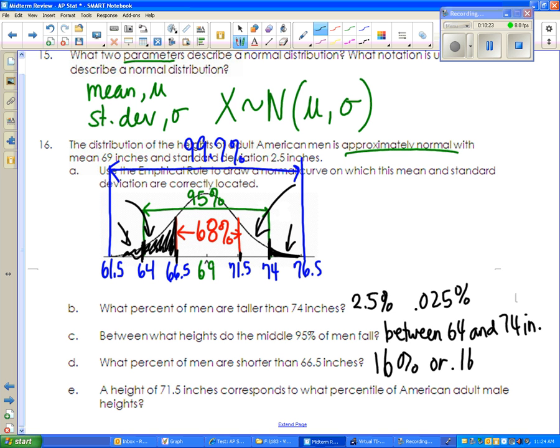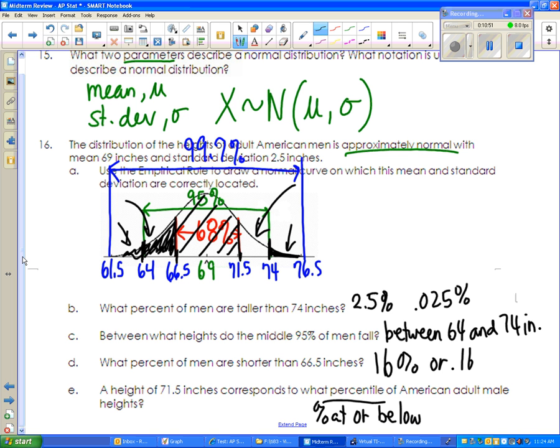And then in the last one, it says a height of 71.5 inches corresponds to what percentile? Remember, percentile means the percent at or below a value. And so if I've got 71.5, I'm looking at this area here, the whole thing. And so again, that corresponds to the 68%. That means I've got 32% on the tails.